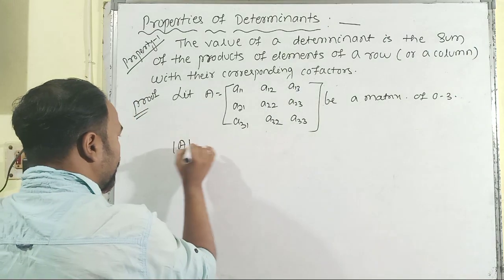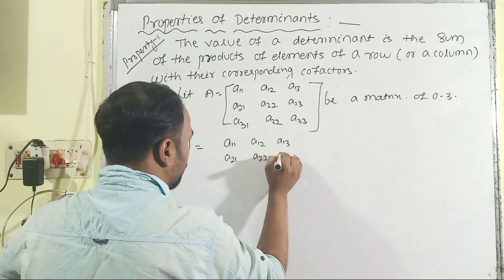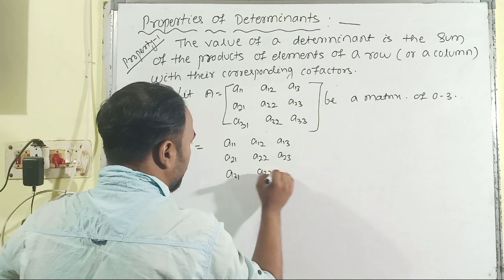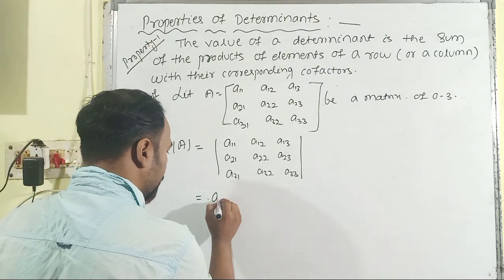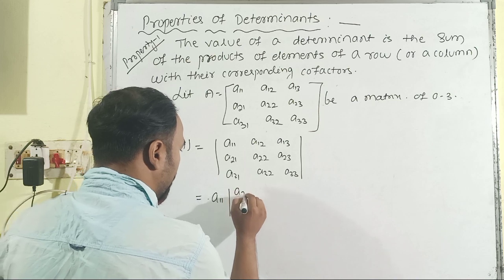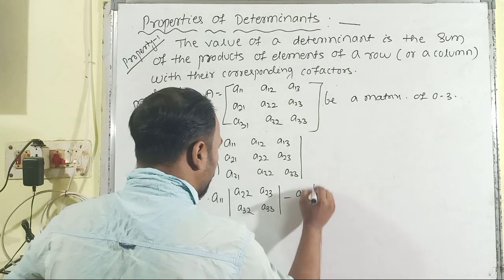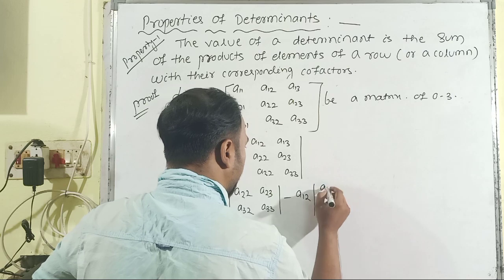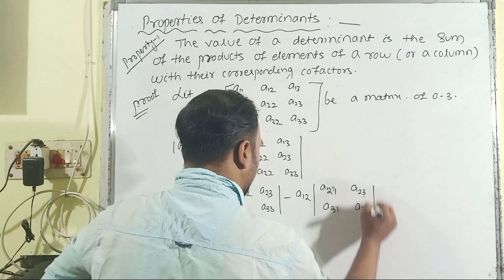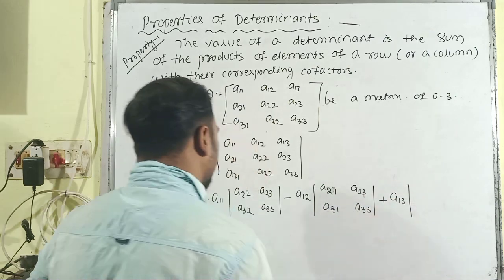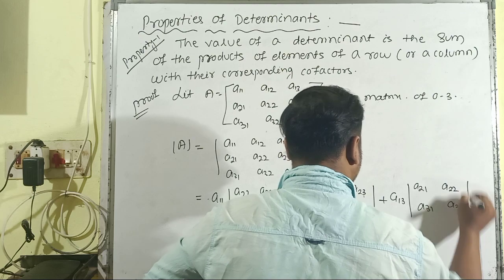Then its determinant will be the determinant of A11, A12, A13, A21, A22, A23, A31, A32, A33, and that value will be equal to A11 multiplied with the determinant of A22, A23, A32, A33, minus A12 multiplied with the determinant of A21, A23, A31, A33, plus A13 multiplied with the determinant of A21, A22, A31 and A32.